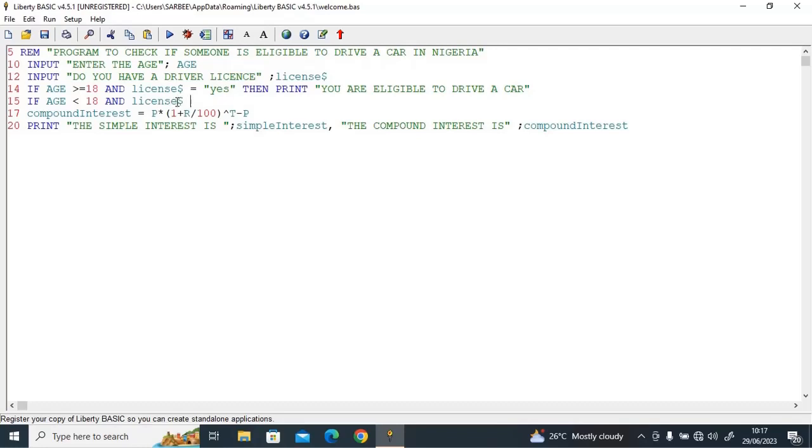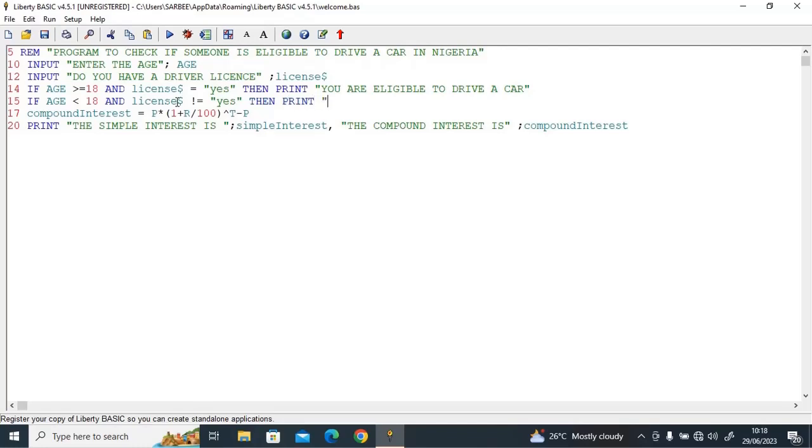Resume. License is not equal to, not equal to, I think, is it something like this? Can I use this? Not equal to, let me just try it. Not equal to yes, then I just hope that not equal to works.